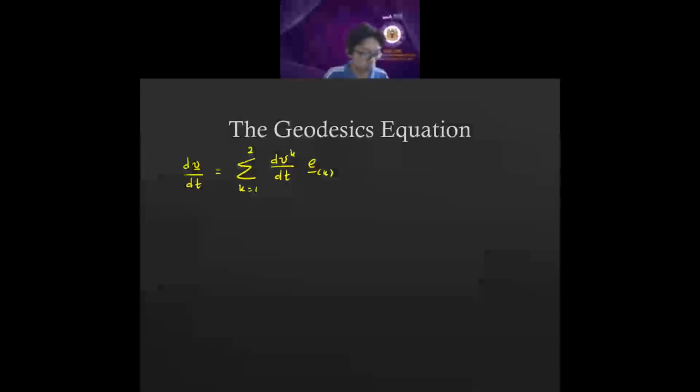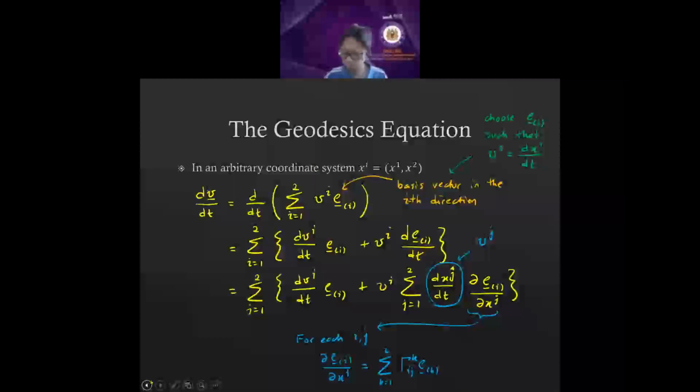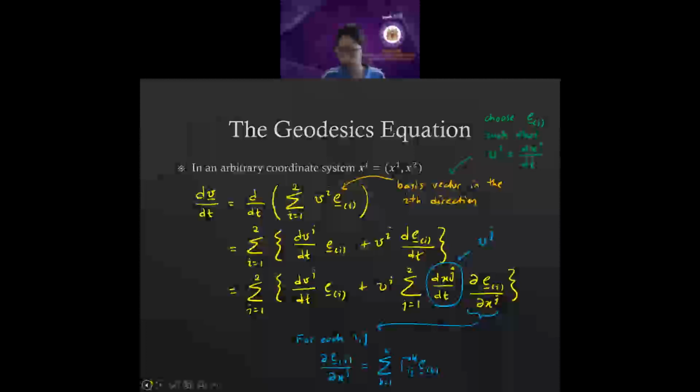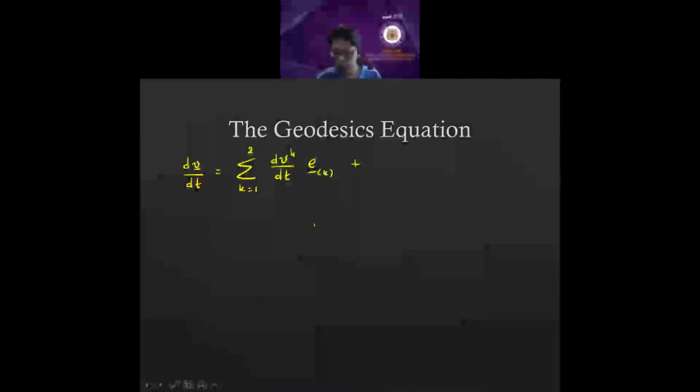And for the second part, notice that we now have how many sums? We have 3 sums that we have to take care of. One is this first sum with respect to i, then the second sum with respect to j, and the third sum with respect to k.